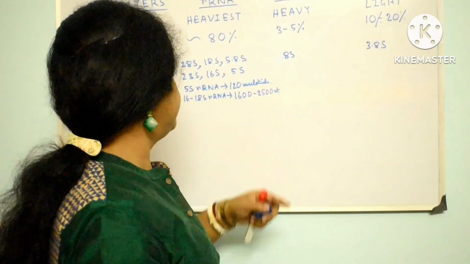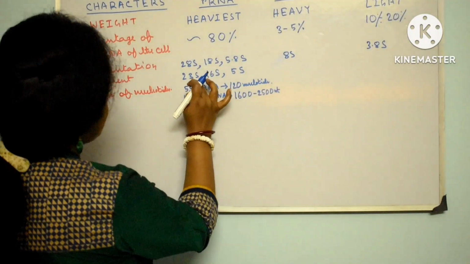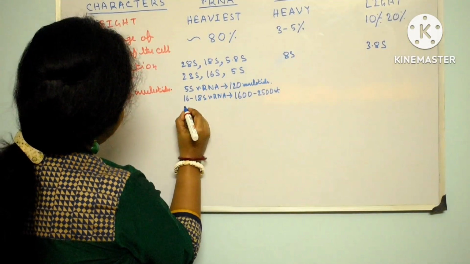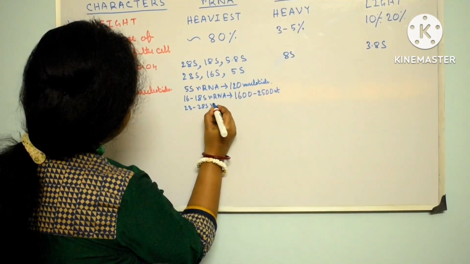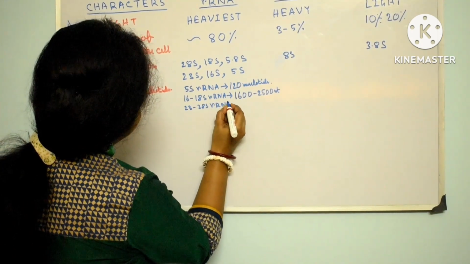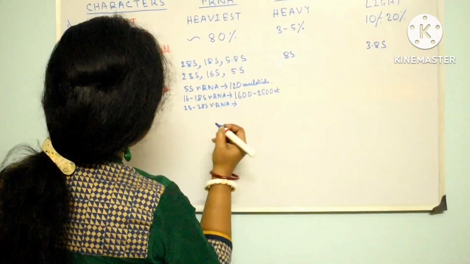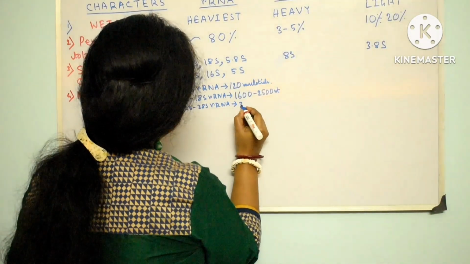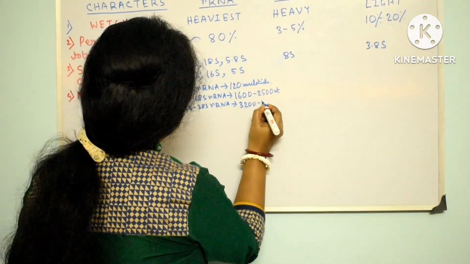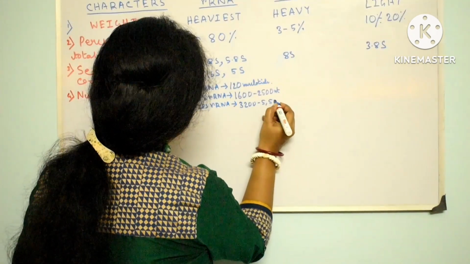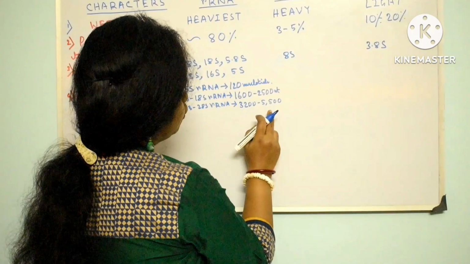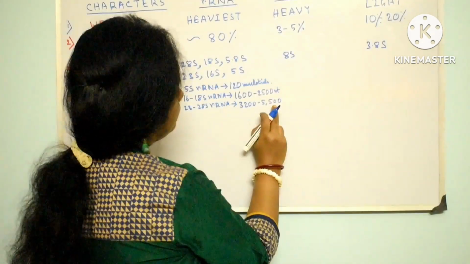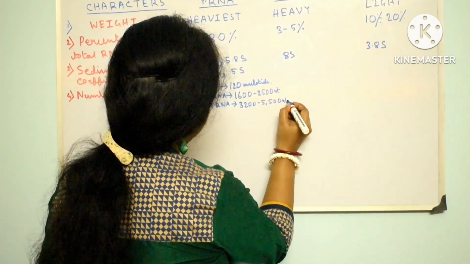And in case of 23 to 28S rRNA, the number of nucleotides is 3200 to 5500 nucleotides.